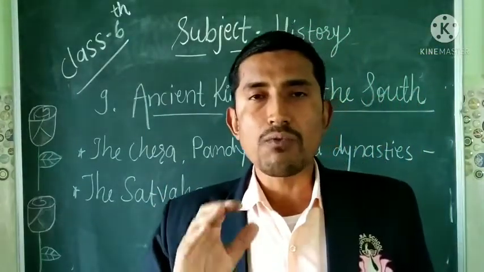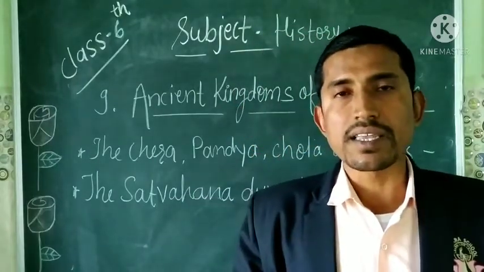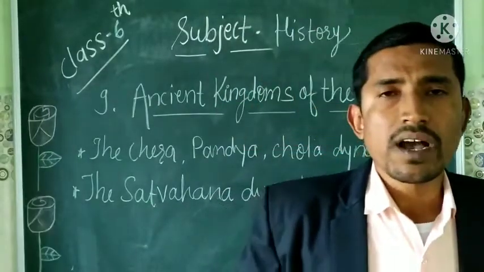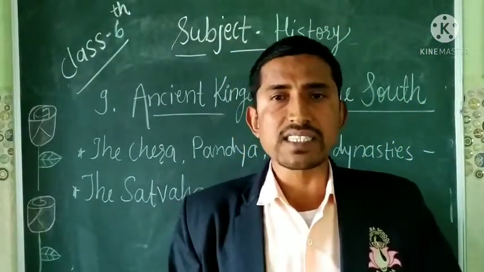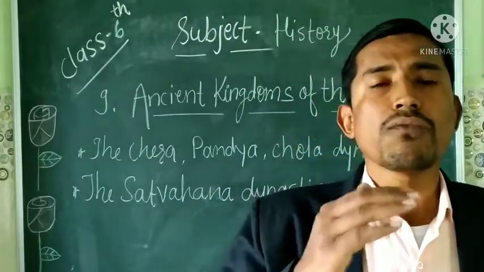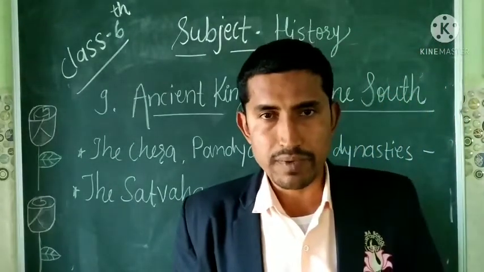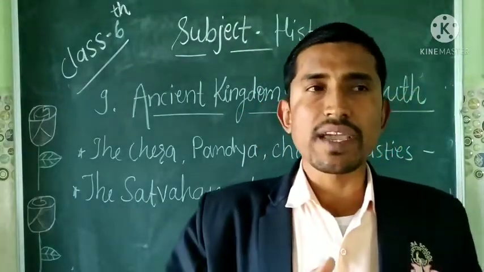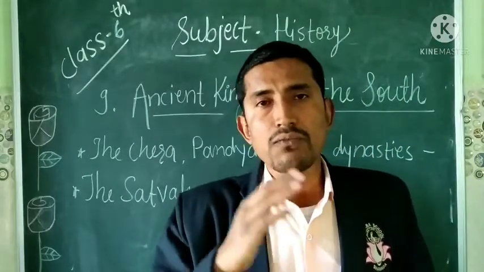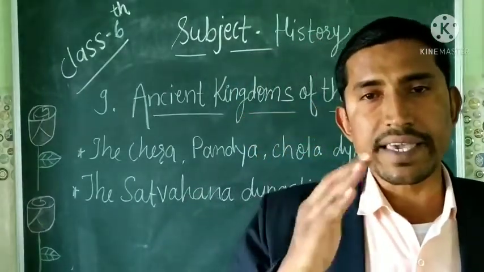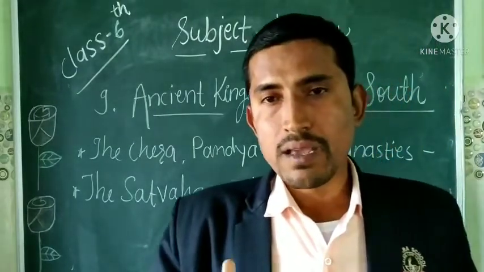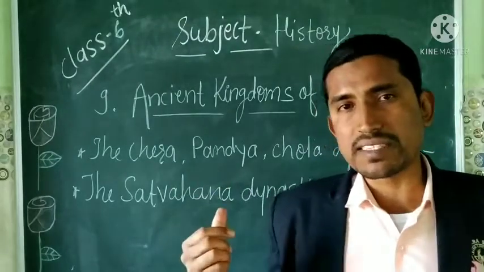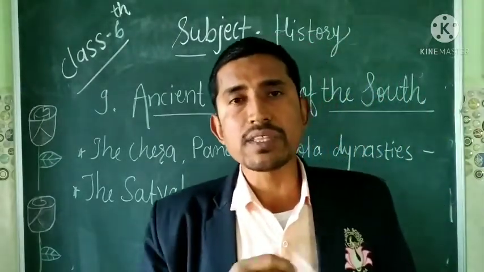These are well-known dynasties in the history of South India. Another thing we have to know is that these 3 dynasties were in power around the 4th century BCE or even before that. Generally we can say that around the 4th century BCE, these 3 famous dynasties were ruling in South India.